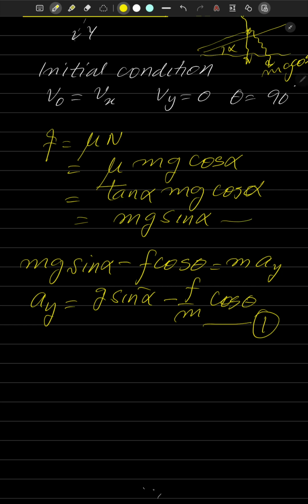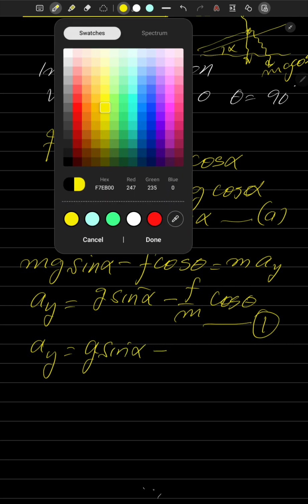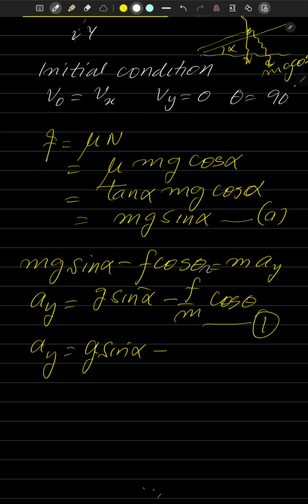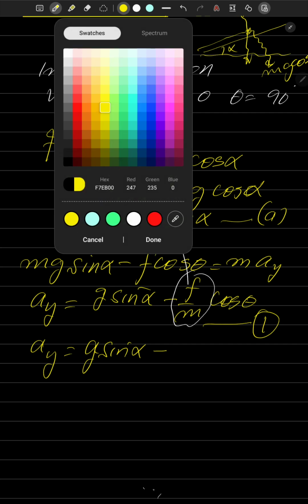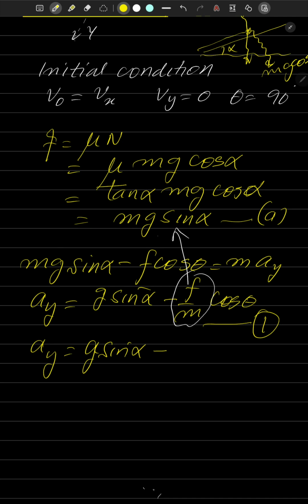Let us call it equation A. From this equation, you can put the value of f by m as g sin alpha, so we get g sin alpha times cos theta.